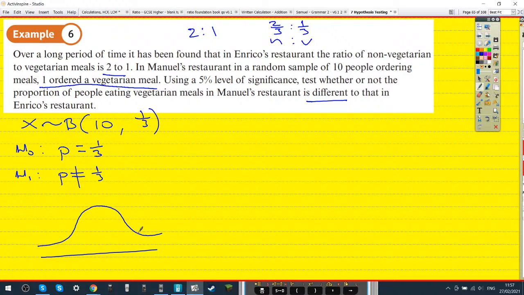So that's like a 98% chance of 1 or more people ordering a vegetarian meal out of 10. And so that's not very rare.